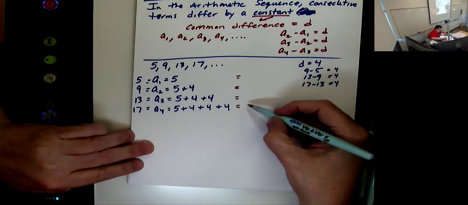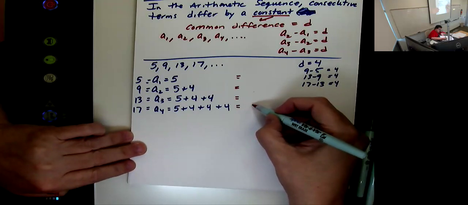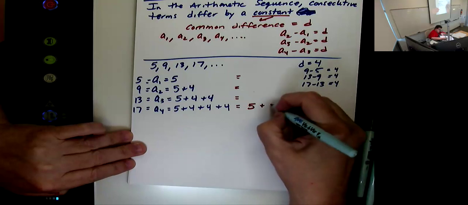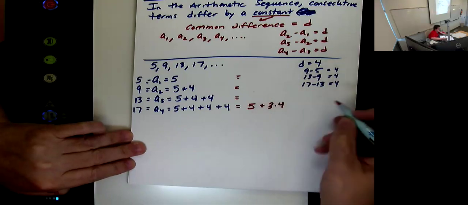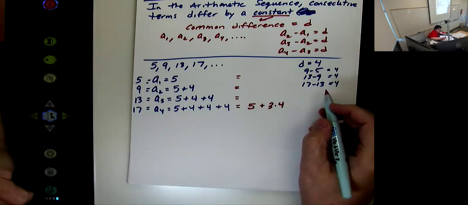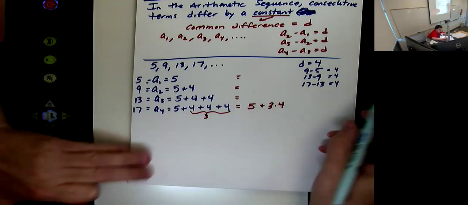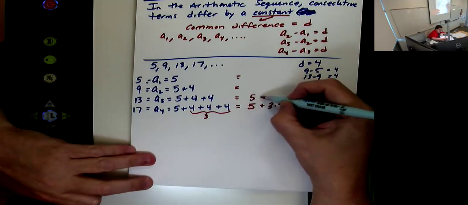So if I wanted to shorthand this, I could say this was 5 plus 3 times 4, because I've got 3 of them. And I could say this is 5 plus 2 times 4.